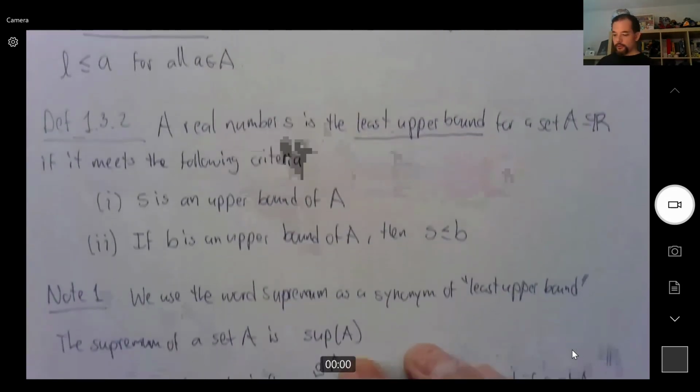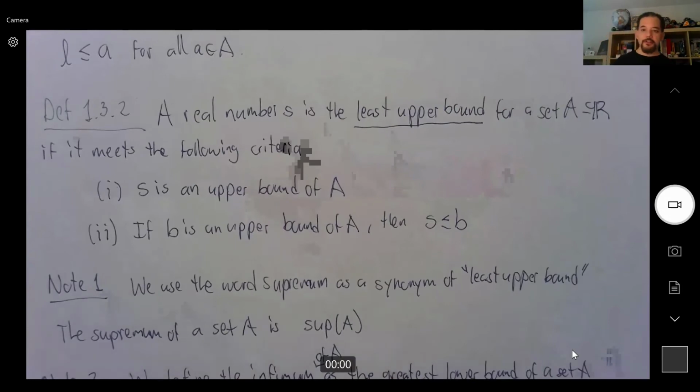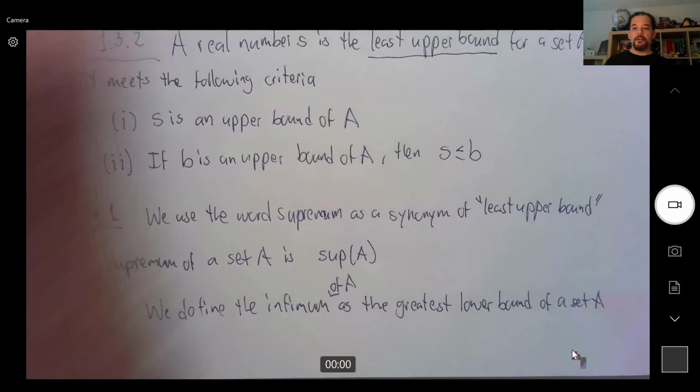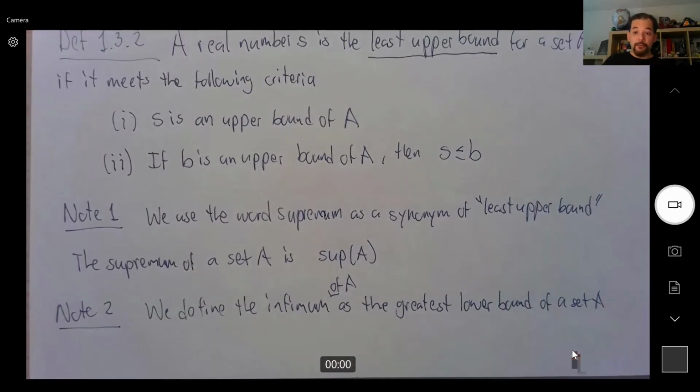Okay, so good. So then remember that this is what the axiom is telling us. The axiom is telling us that every non-empty set, which is bounded, right, has to have a supremum. We're not going to question that. We're going to use that property, okay? And I was hoping to show you today, but maybe we don't have time.